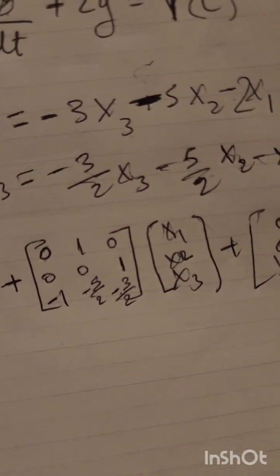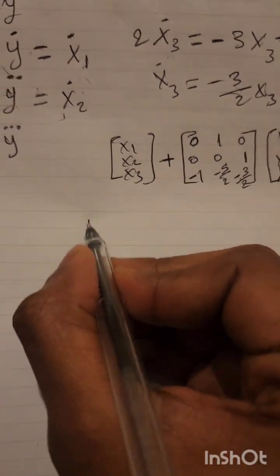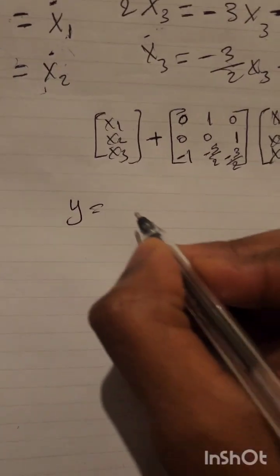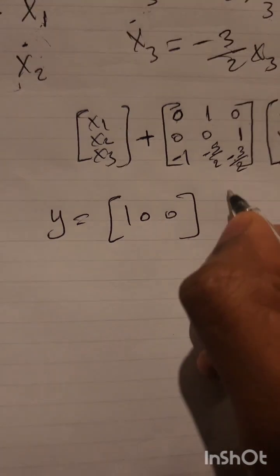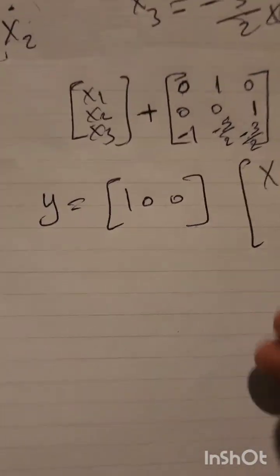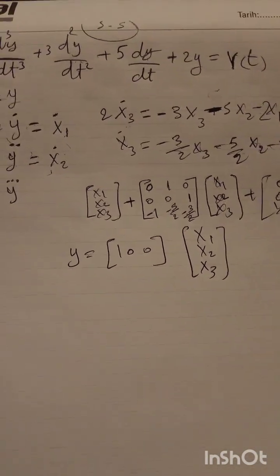So we have y, and it's equal to this matrix multiplied by the matrix of x1, x2, x3, and that's it.